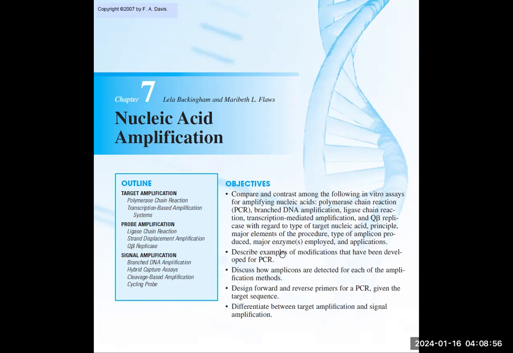We also need to know how to explain PCR modifications, or what the types of PCR are. And then we need to discuss amplicon detection in various amplification methods, how to design PCR primers for a given target sequence, and how to differentiate between target and signal amplification.